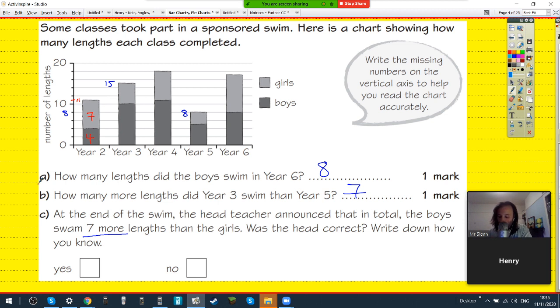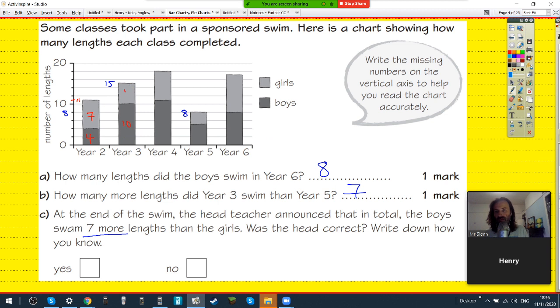And then I'm just gonna do all of them. I'm gonna count up the boys and then count up the girls and then do boys, whichever more. Year 3, the boys are at 10, and the girls are at 4.